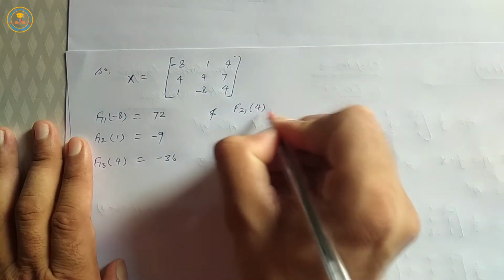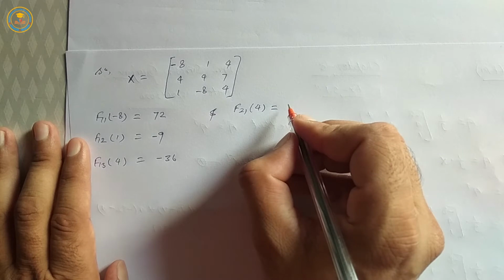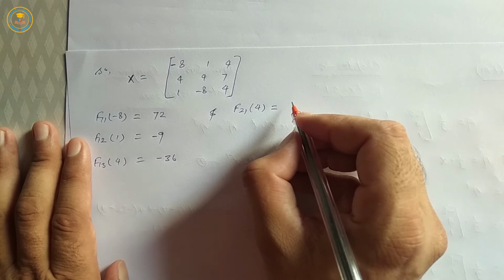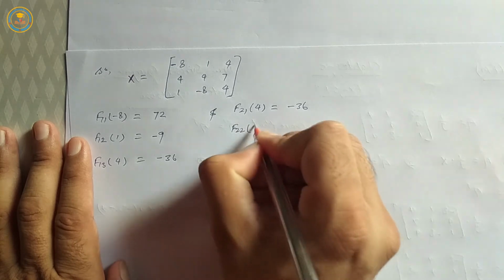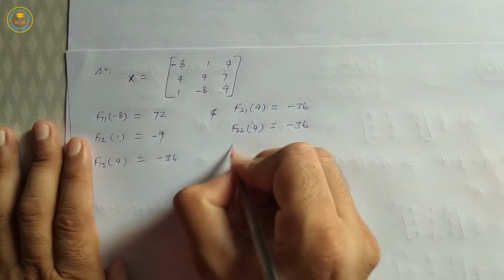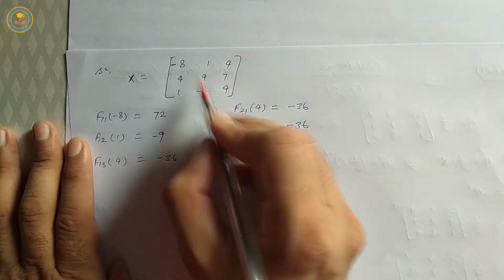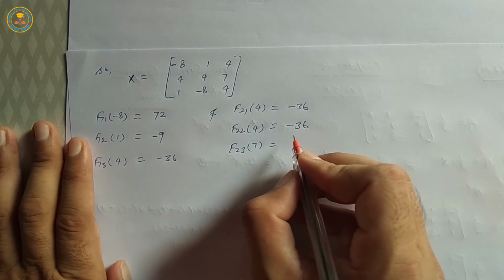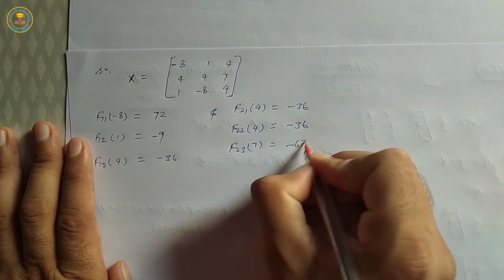And F21 over 4 is equal to 4 plus 32, 36, minus. F22 over 4 is equal to minus 36. F23 over 7 is equal to minus 64 plus 1, which means 63, minus 63.